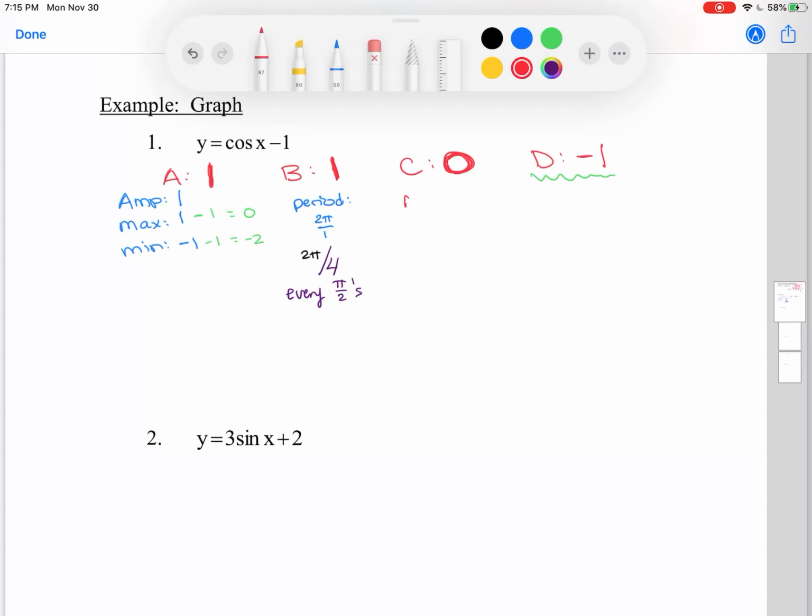My c is 0, so there's no left or right, which means my starting point is going to be at 0. We just talked about that. And last but not least, letter D tells me that I need to go down 1. We just introduced that because we know my max and my min are going to take me down 1. Make our XY table if you need it.